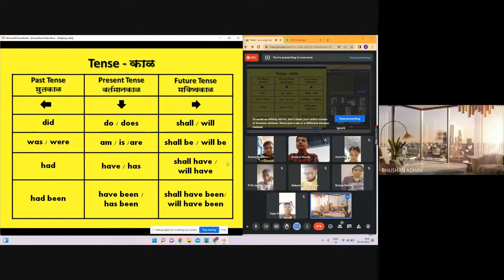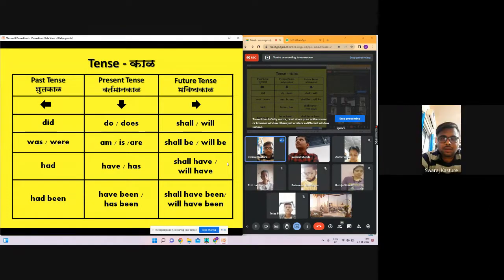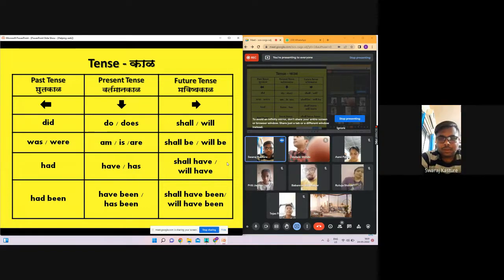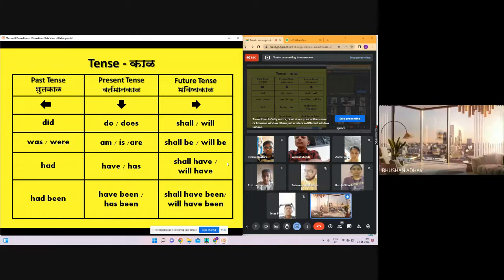And present: do, does, am, is, are, have, has, have been, has been. Absolutely. About future: shall be, will be, shall have been, will have been. Correct. Vedant, past, present, and future. Five for past, nine for present, and eight for future. Tell me all.